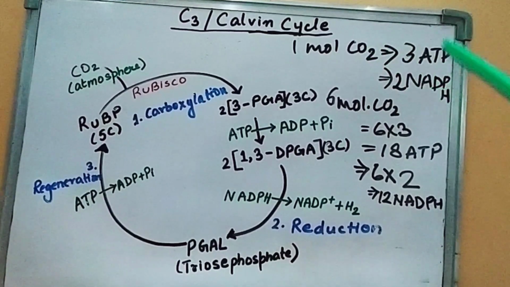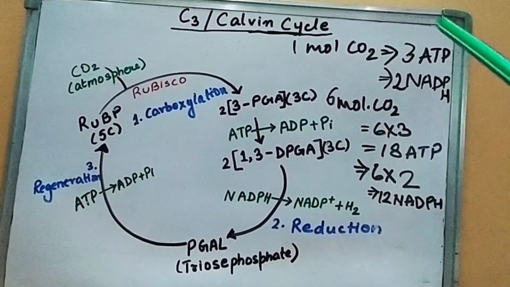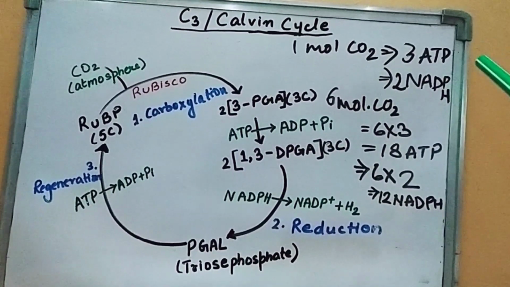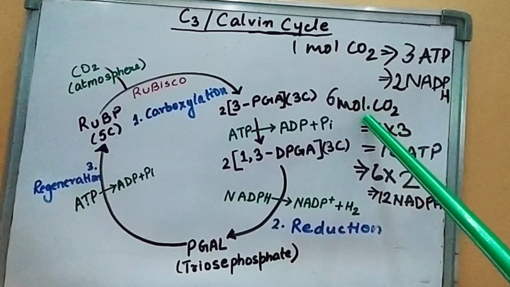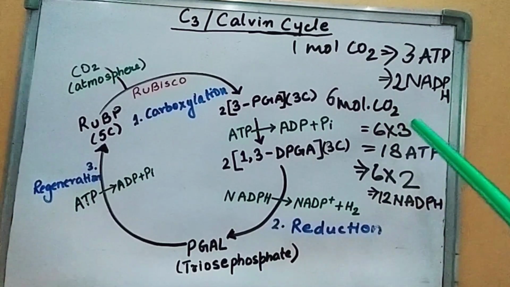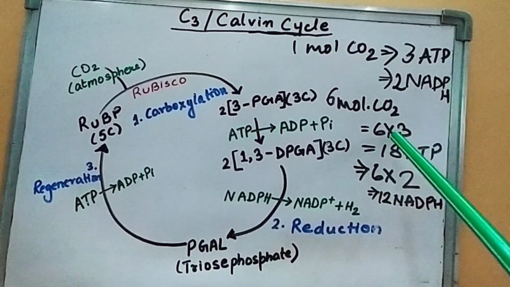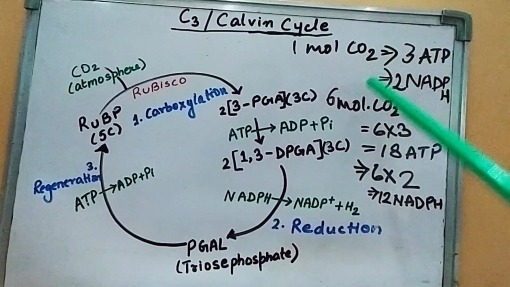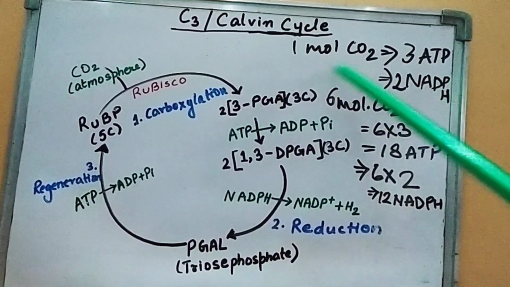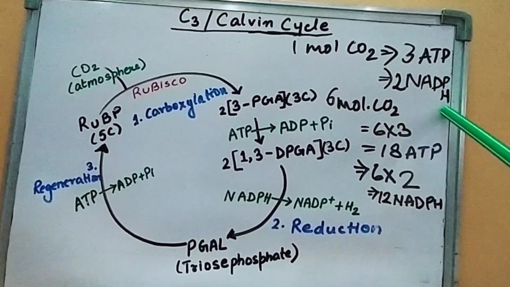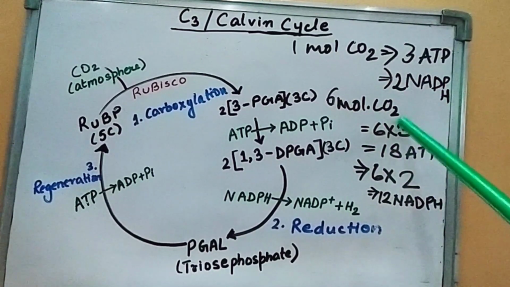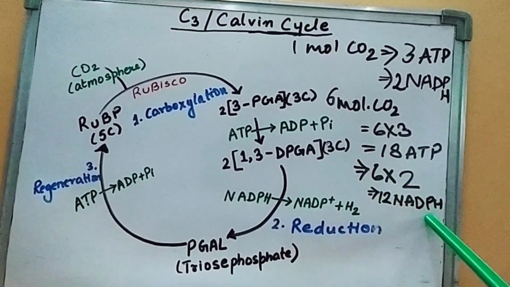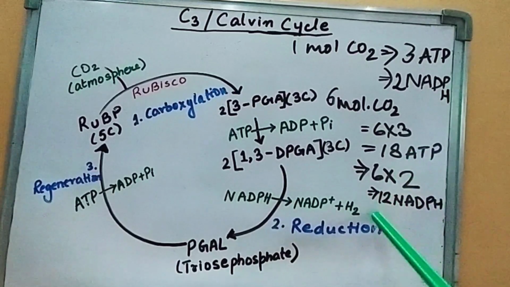NADPH will be used. But glucose is 6 carbon, that means a total of 6 carbon dioxide molecules are needed to produce 1 molecule of glucose. That means 6 molecules of carbon dioxide will need how many ATP molecules? That is 6 into 3, that is 18 ATP. And 1 molecule of carbon dioxide needs 2 NADPH. So 6 molecules of carbon dioxide to produce 1 molecule of glucose will need how many molecules of NADPH? 6 into 2, that is 12 NADPH.